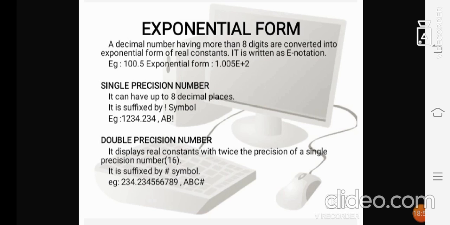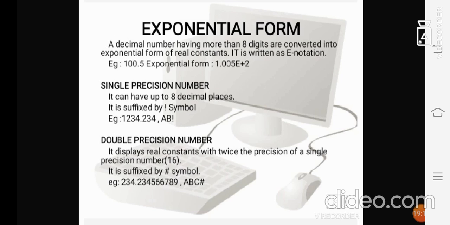A single position number can have numbers up to 8 decimal places, and a single position variable is suffixed by a symbol. Example like 1234 and 265AB.